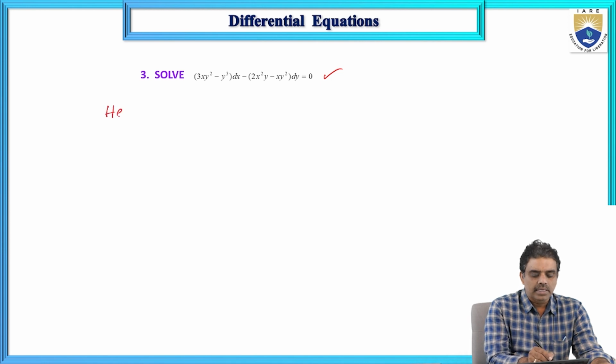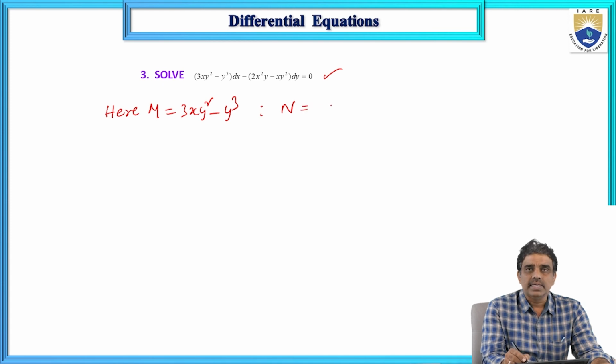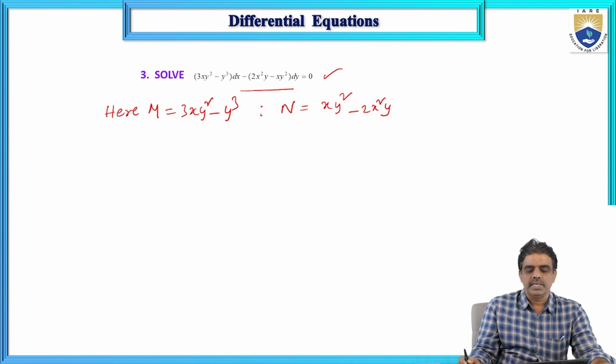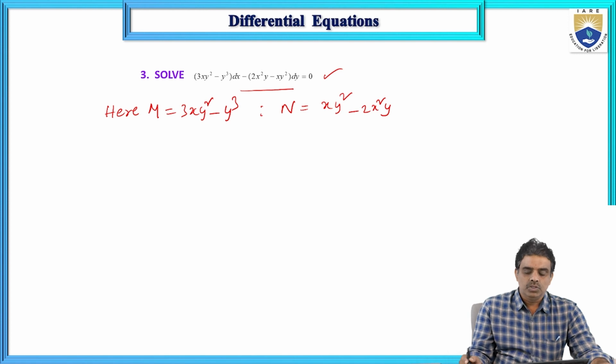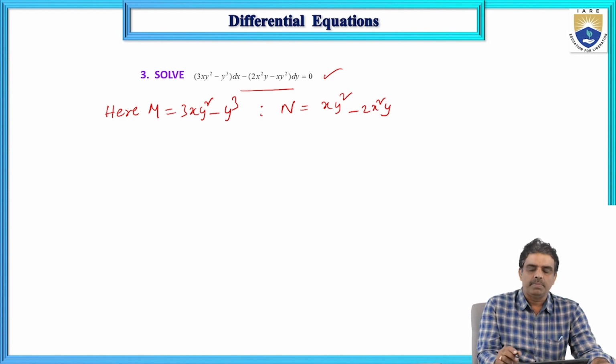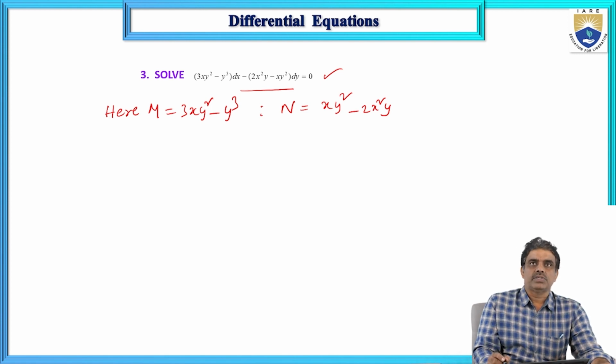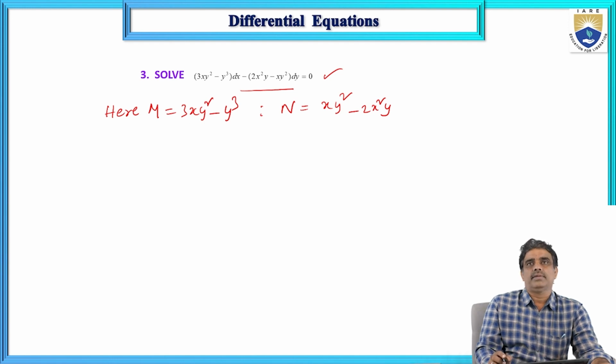Here m is 3xy square minus y cube. And what is n? On multiplying with a minus sign, I rewrite m dx plus n dy, so n will be minus of this one, that is xy square minus 2x square y.